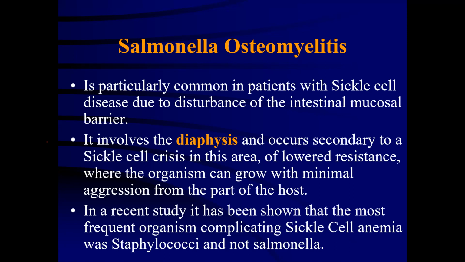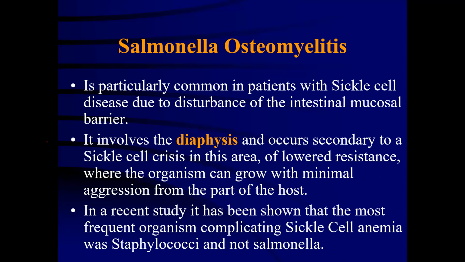In a recent study, it has been shown that the most frequent organism is Staph aureus and not Salmonella. So if you're asked the question, what is the most frequent organism in Salmonella osteomyelitis, it is Staph and not Salmonella.